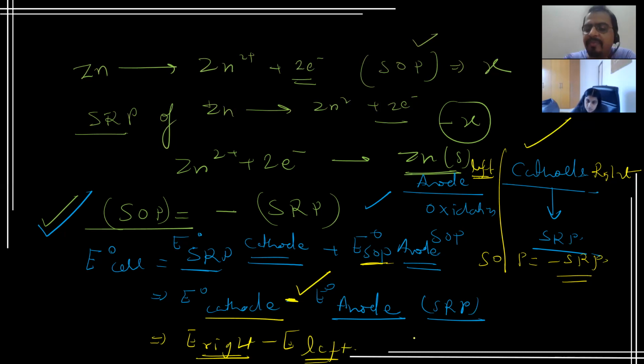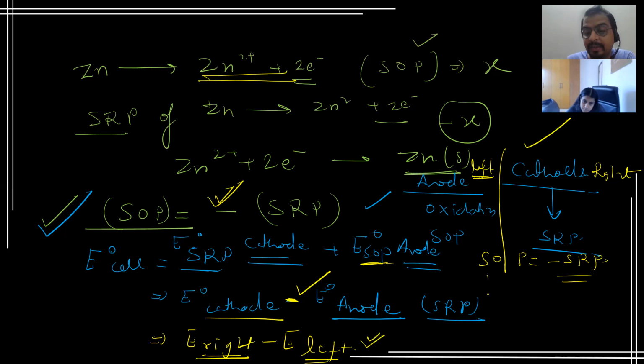So to convert oxidation into reduction potential, we have to apply a negative sign, because we are reversing the chemical equation, right? That's why I'm writing minus E naught anode.